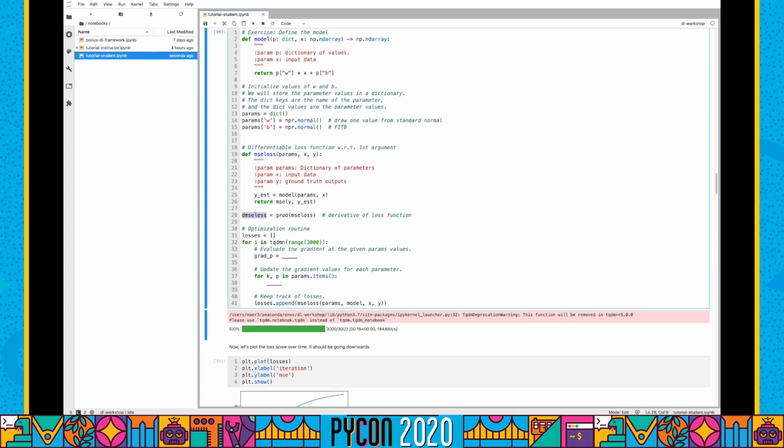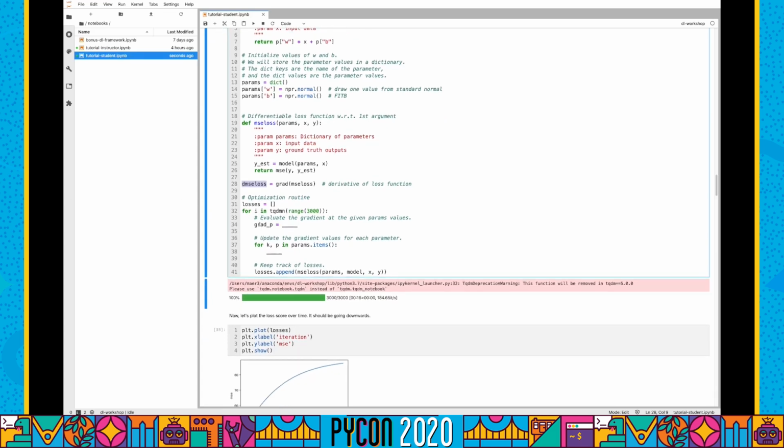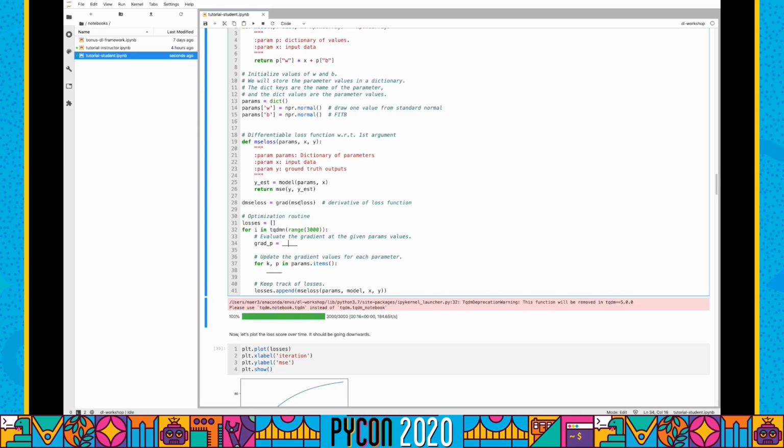Okay, so if we move on, we need to build the optimization routine. Now, something you need to know is as follows. Whatever the function signature is for MSE loss, after you pass it through grad, the exact same function signature applies to the gradient function. What's different is the return statement.